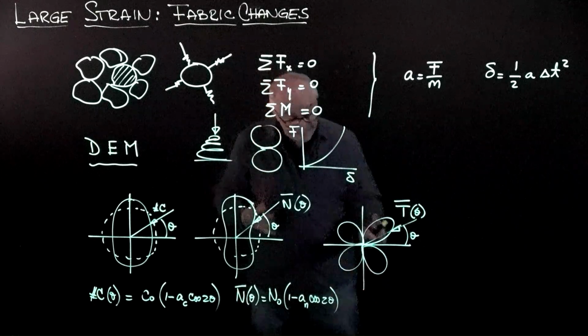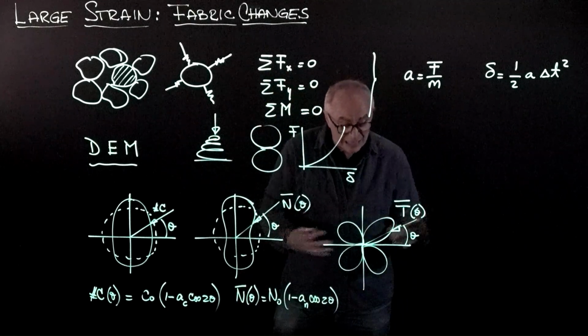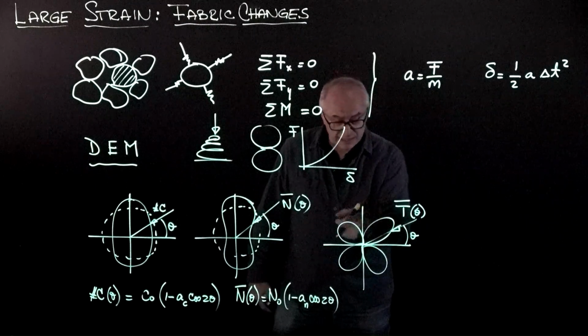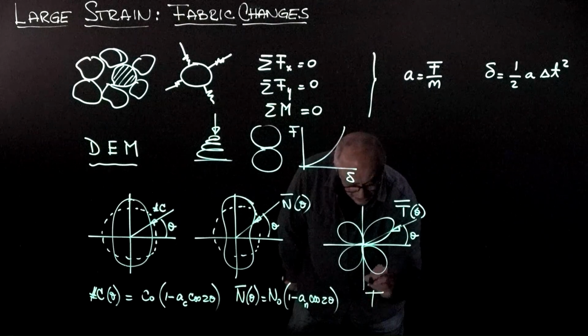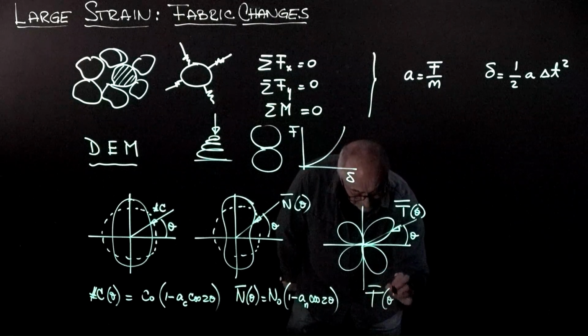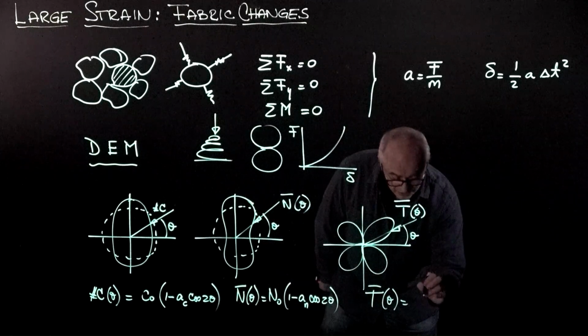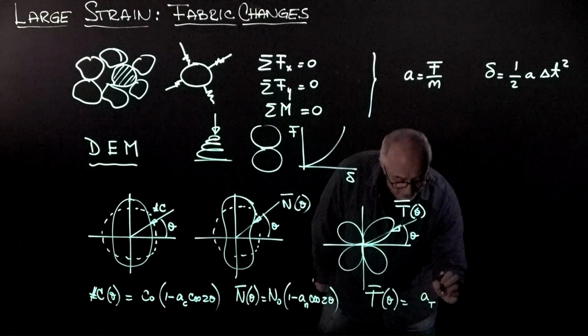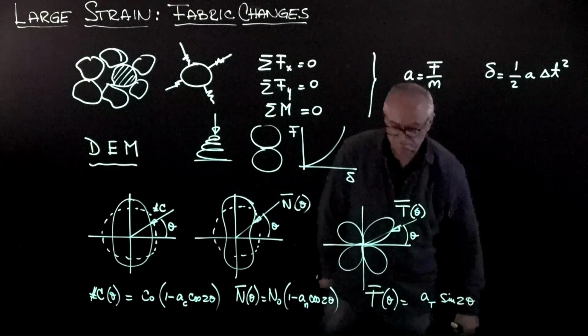And now for the last one, there is really no circle. It's just dying at 0, at 90, 180, 270. And so the mean shear force in direction theta is equal to some amplitude, A of the shear force, times sine 2 theta.